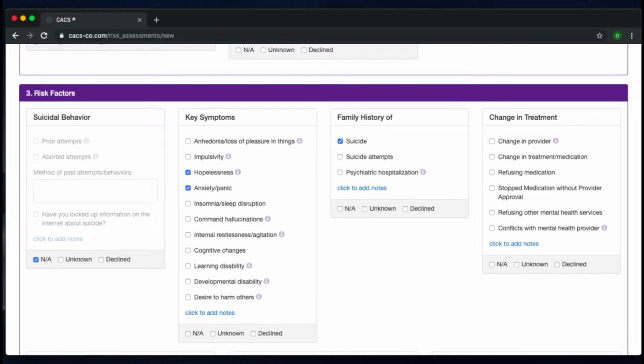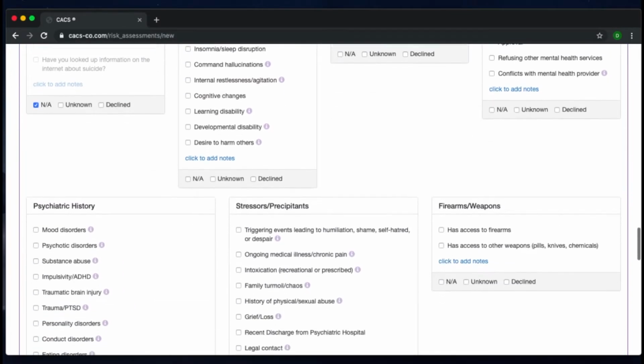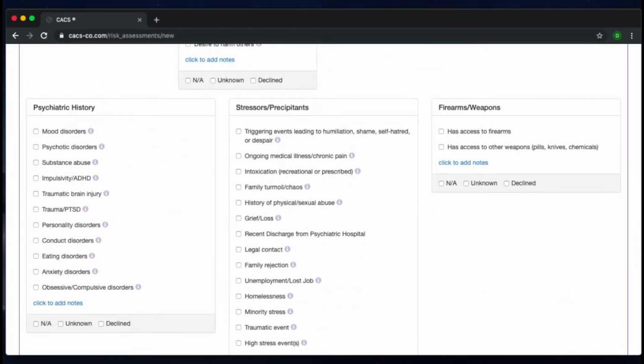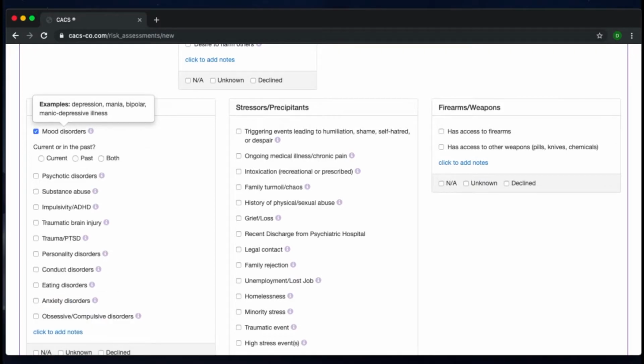So again, you're clicking off things that are part of that suicide story, the conversation with you and your 12-year-old client. So anything that's not applicable, again, you can hide. You can also say they declined or it's unknown if you didn't get to ask the question. Psychiatric history, a new modification we've just recently put in is looking at current psychiatric experience versus past.